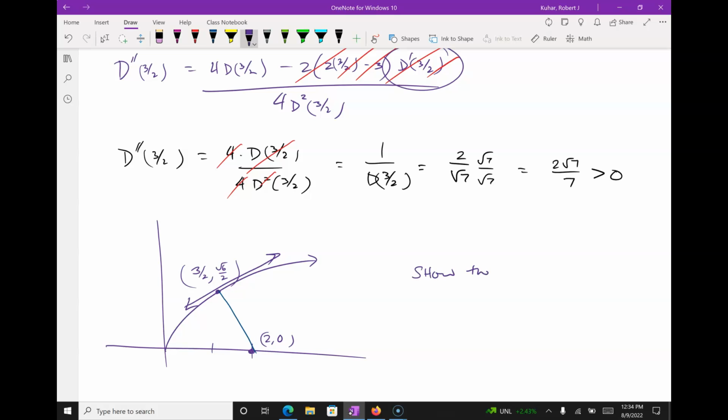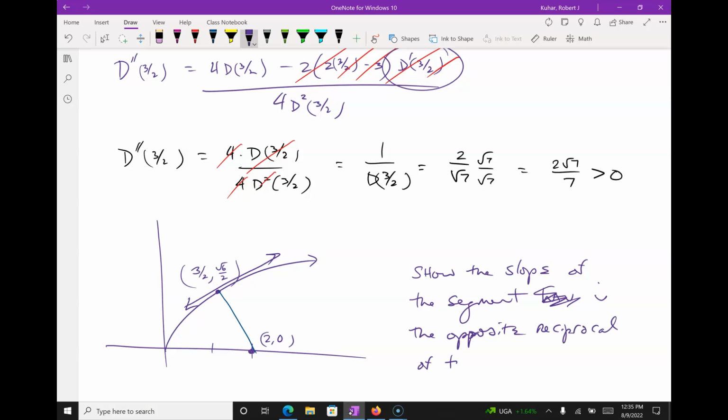Show the slope of the segment is the opposite reciprocal of the slope of the tangent.